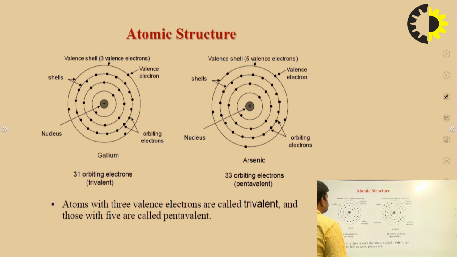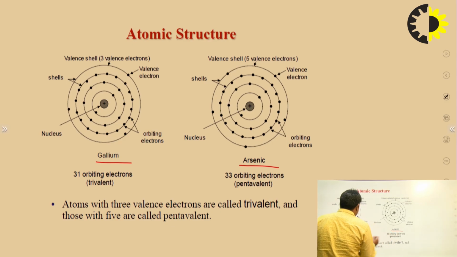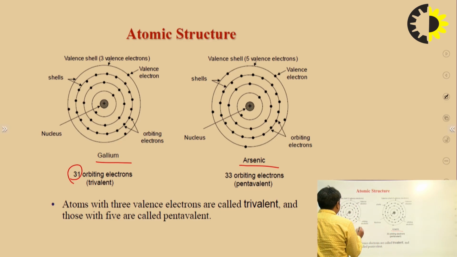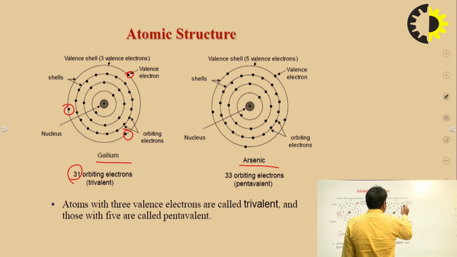What is the atomic structure of gallium and arsenic? Gallium has atomic number 31, and in its outermost orbit it has 3 valence electrons. Arsenic has 5 valence electrons.